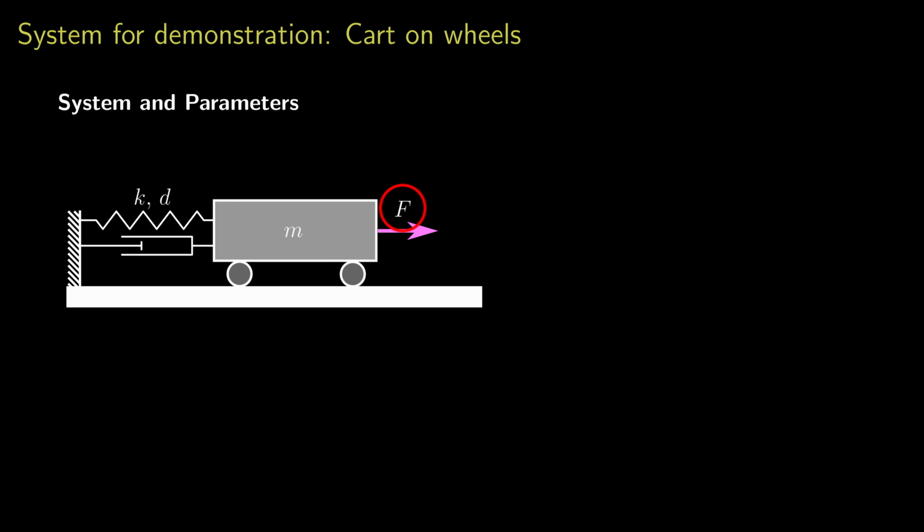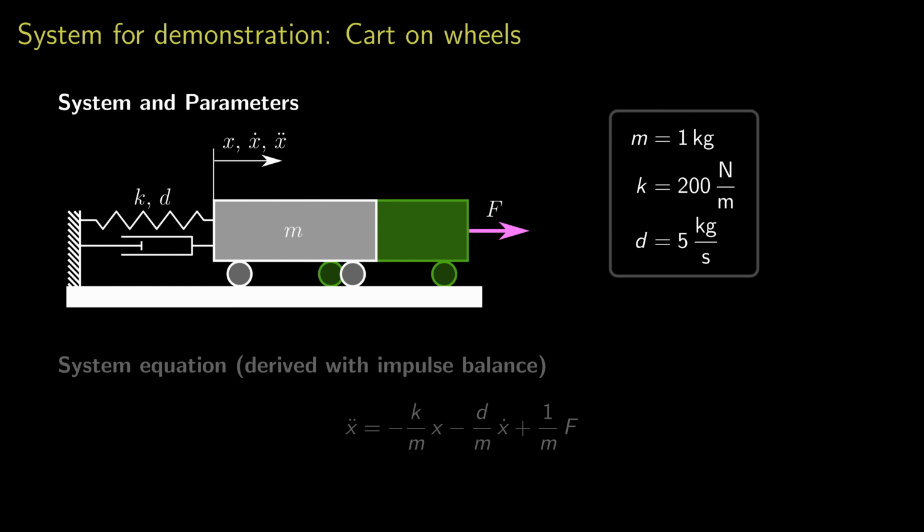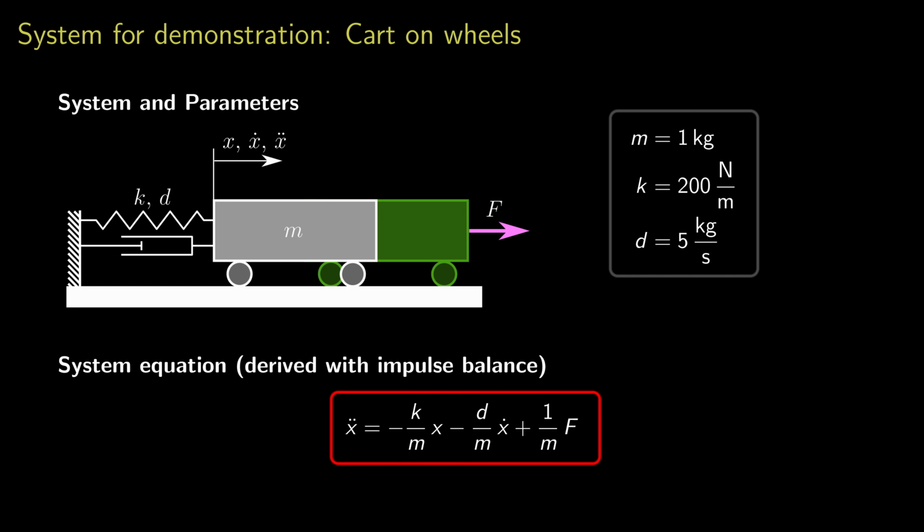The force is calculated with our PID controller, and the value we want to control is the position x of the mass. We want to move from a start point x = 0 to an end point x = 1. The parameters of our system are given here, and the dynamical representation down here.